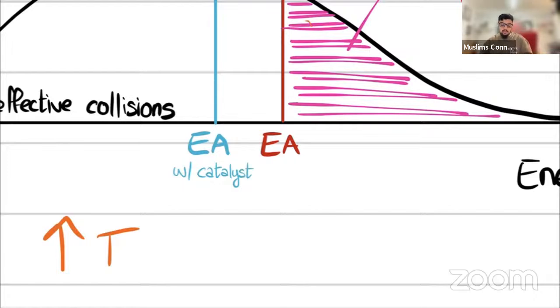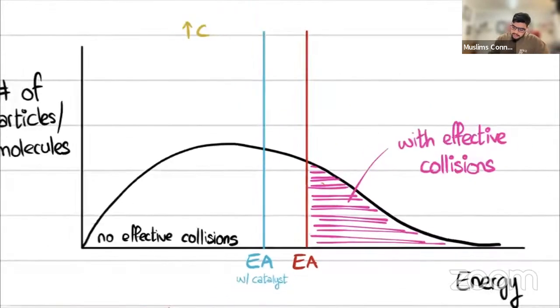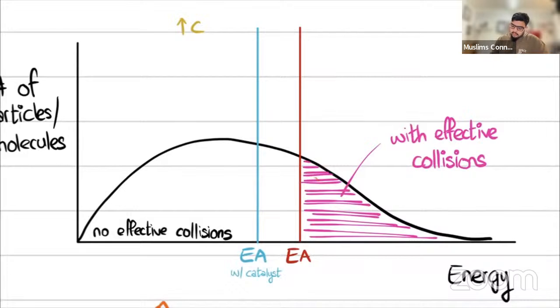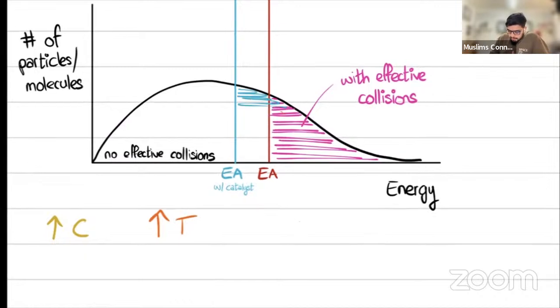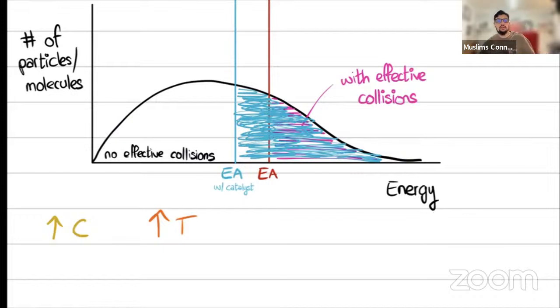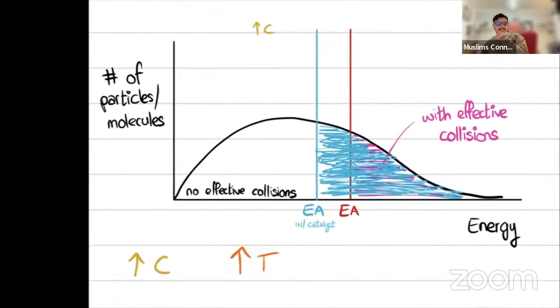The activation energy with a catalyst is less, resulting in what? More of these pass this mark. More effective collisions per unit time. All of these are now effective collisions, because these are the particles that collide with energy greater than the activation energy. So that's what happens with a catalyst.